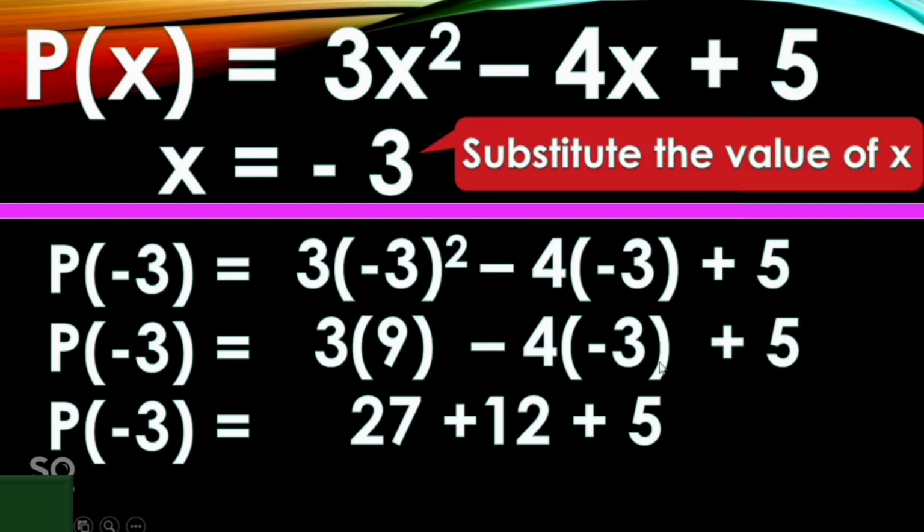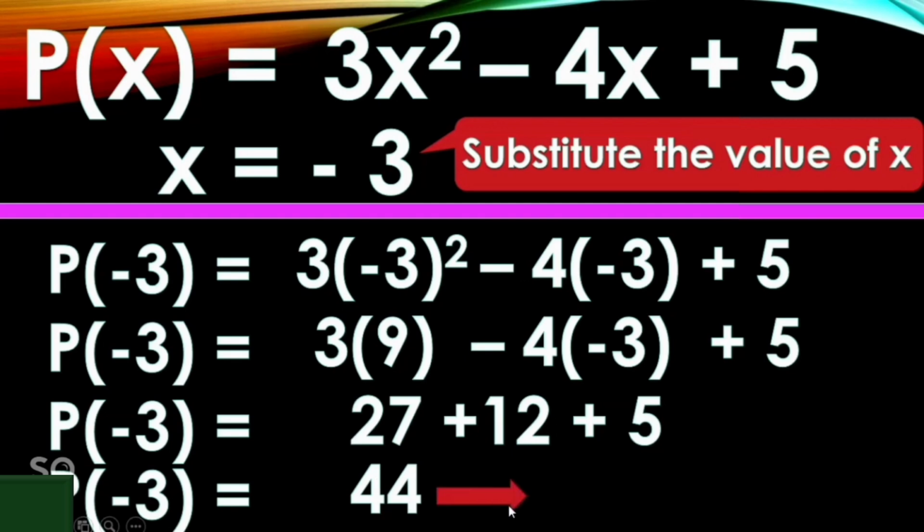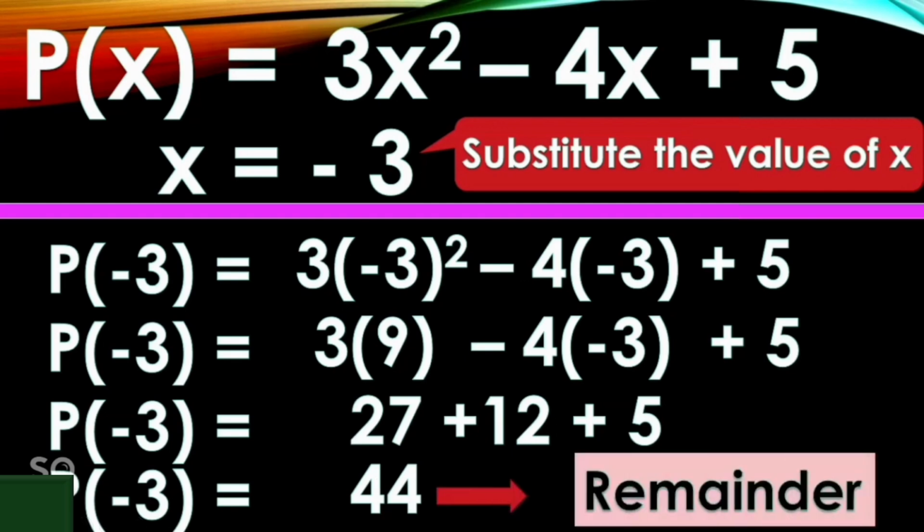Negative 4 times negative 3 is positive 12. Then positive 5. And then we are going to add 27 plus 12 plus 5 equals 44. So the P of negative 3 equals 44. So our remainder is 44.